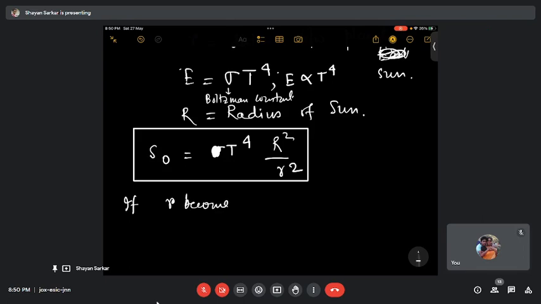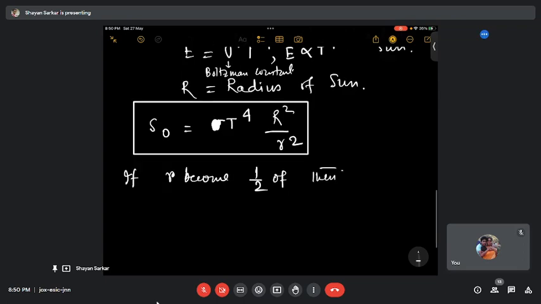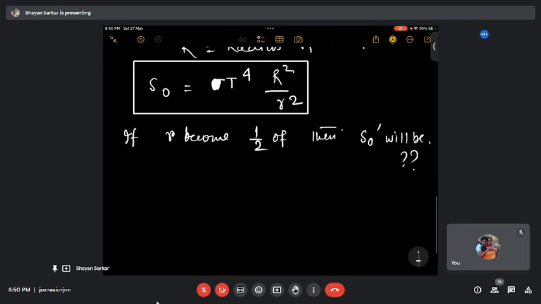If small r become half, then S0 dash will be how much of the initial one?